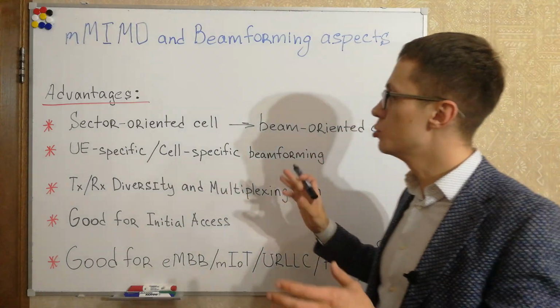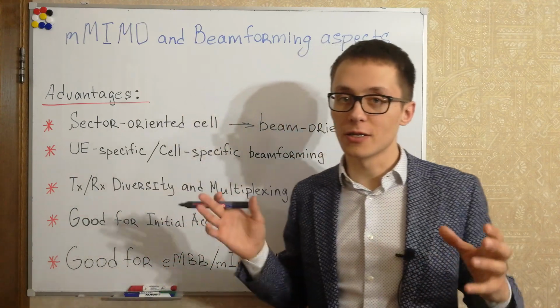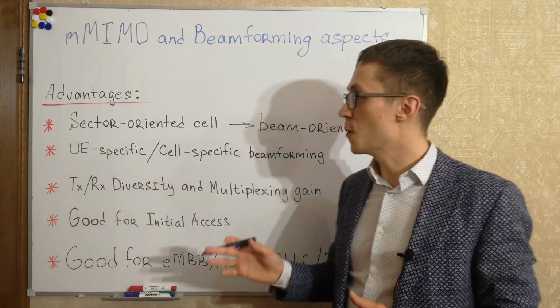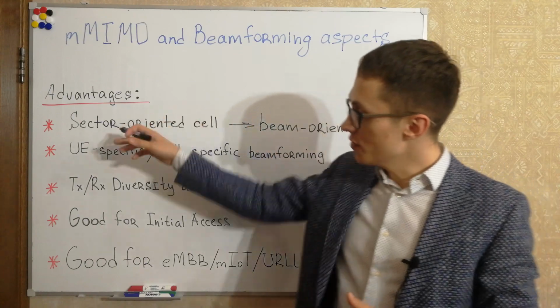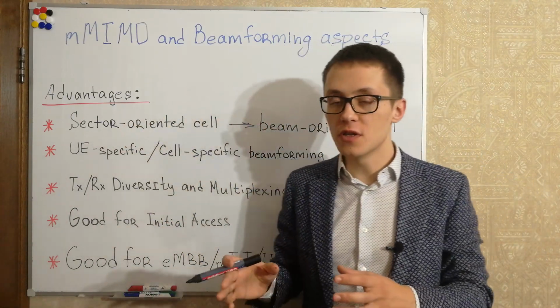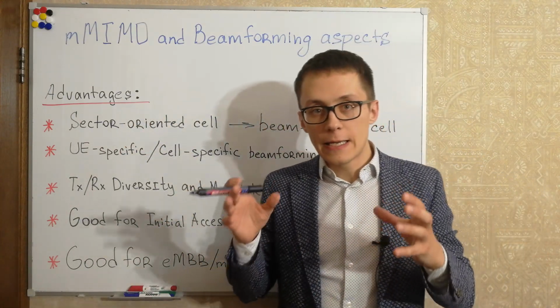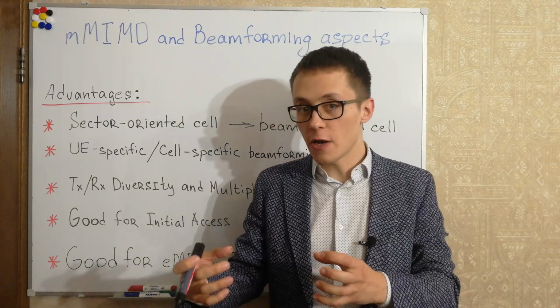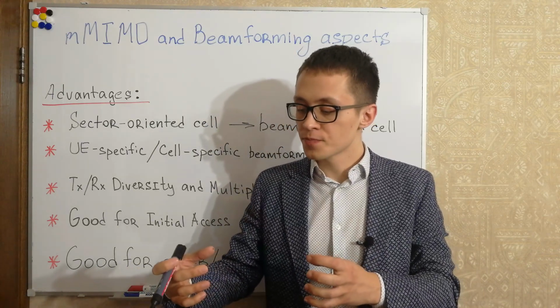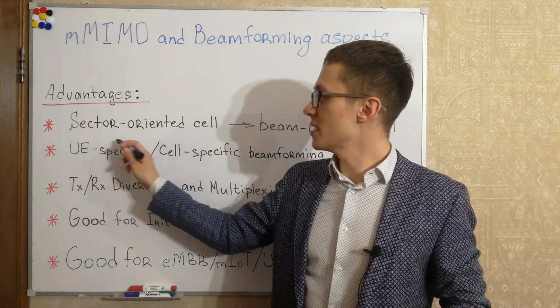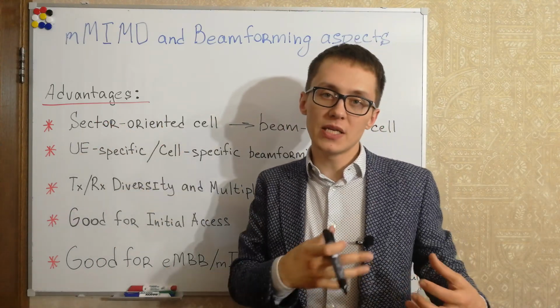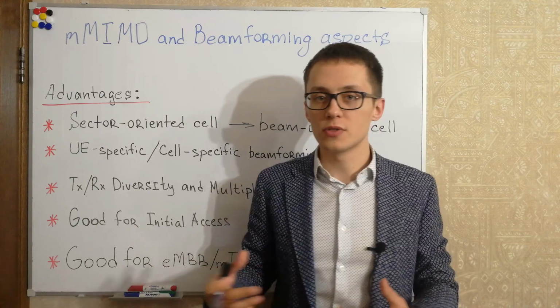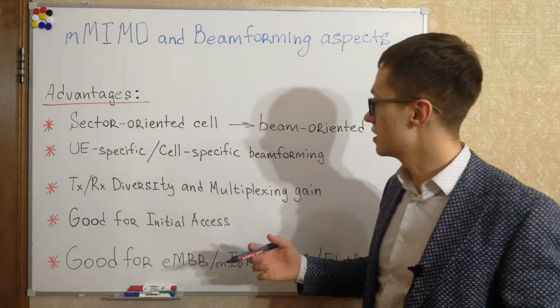This is a huge step for mobile telecommunication, I believe so. In previous generations, everything related to signals, related to user equipment location, was kind of sector-oriented. So we are basically talking about sector-oriented cell in this case.